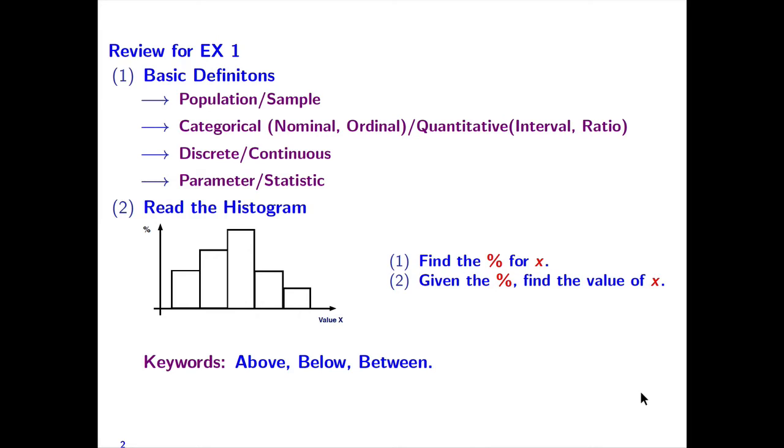Review for exam number 1. We start with some basic definitions. We have population versus sample, categorical versus quantitative. In particular, the measurement scale associated with the categorical data will be either nominal or ordinal, based on whether or not you have a ranking.